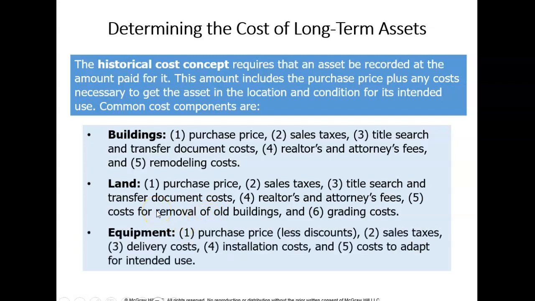For equipment, of course, the purchase price, any sales tax, delivery costs if it's being shipped to us, what does that cost, if it has to be installed, what does that cost, and any type of renovations or changes that have to be made for the equipment to be ready to be used. All of those costs are going to be included in your equipment account.